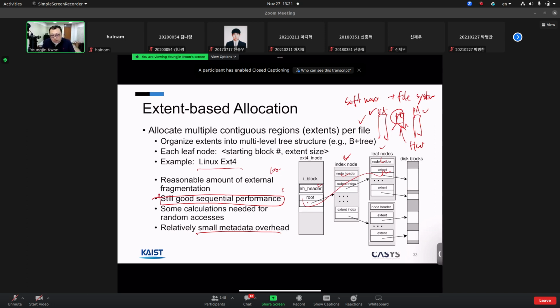Why is this index traversal done by software? Unlike the memory system, this translation is done by software. What do you think? Any reason?